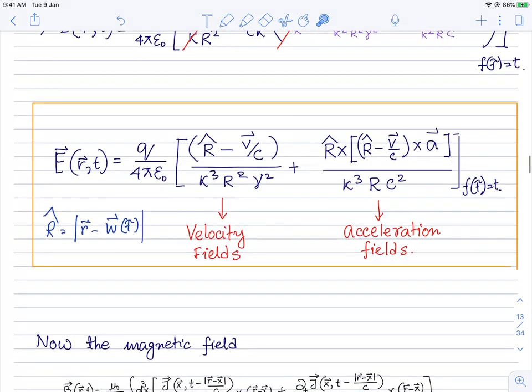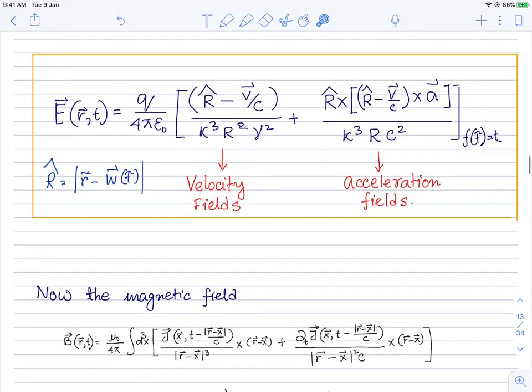So this is what the electric field of a moving point charge is. You can open any textbook and you will see beautiful pictures of how to picture this electric field. I encourage you to look at those pictures to grow some intuition. I have not reproduced them here because my artistic skills are very suppressed.